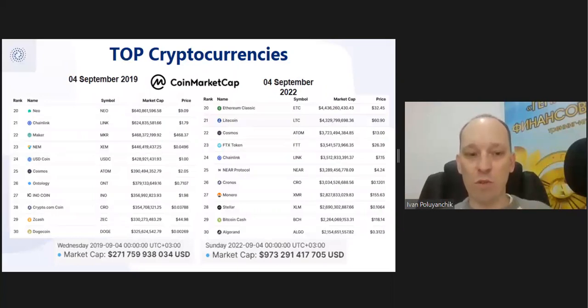So in 3 years, it increased its market capitalization. It showed better performance than even Bitcoin. And except Dogecoin today, back then, I don't think you knew any other cryptocurrencies, really.